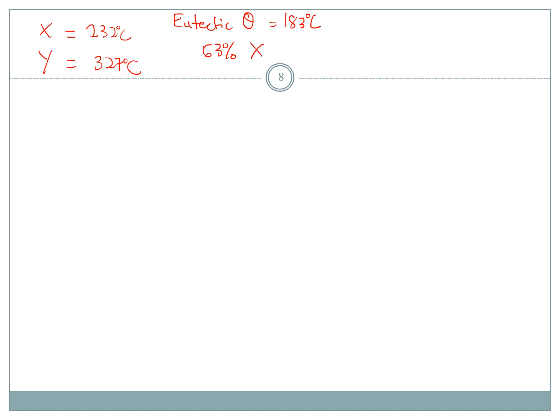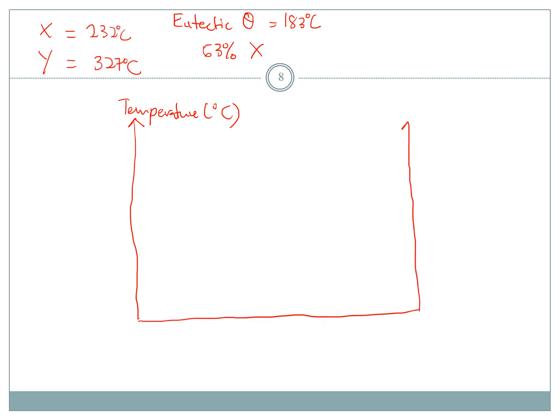So sketch a eutectic diagram for the mixture of X and Y. So we have here temperature. This one also temperature. And below here is the composition. So for solid X, it has a melting point 232 degrees Celsius.